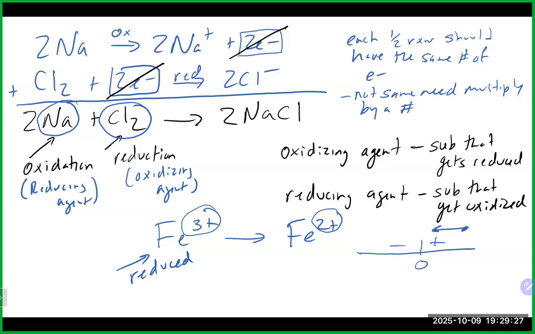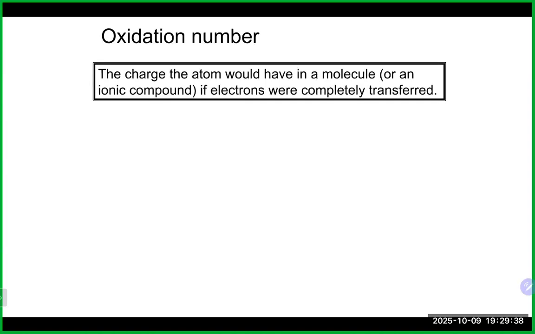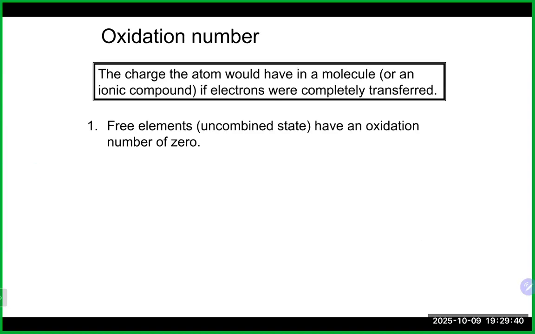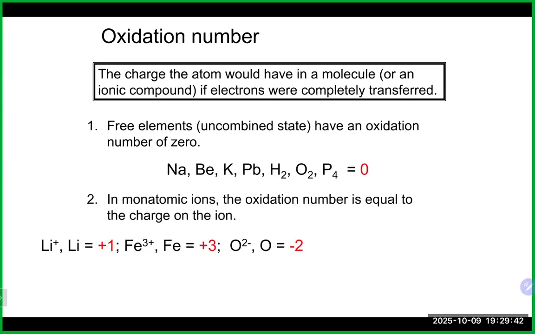Any questions on that? All right, so an important part of this, obviously, with redox reactions is understanding everybody's oxidation states and numbers. So let's talk about the rules for assigning oxidation numbers, or states as it is sometimes referred to.